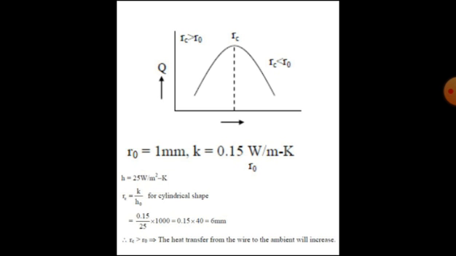First of all, they gave the outer radius 1 mm, thermal conductivity 0.15 watt per meter Kelvin, and heat transfer coefficient 25 watt per meter square Kelvin. Normally, I have already given you the formula for how to find the critical radius: R c is equal to K by H. If you find the critical radius, the answer we get is 6 mm, which is greater than the outer radius.